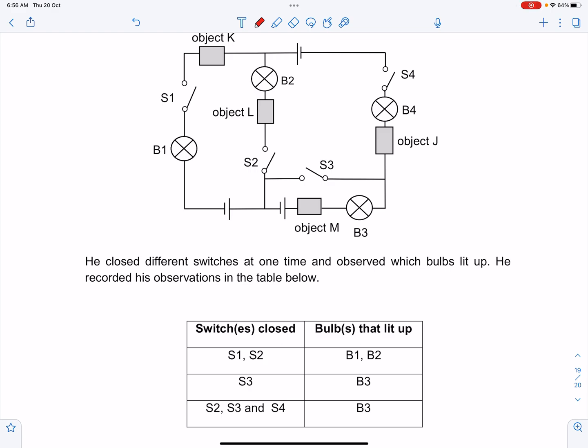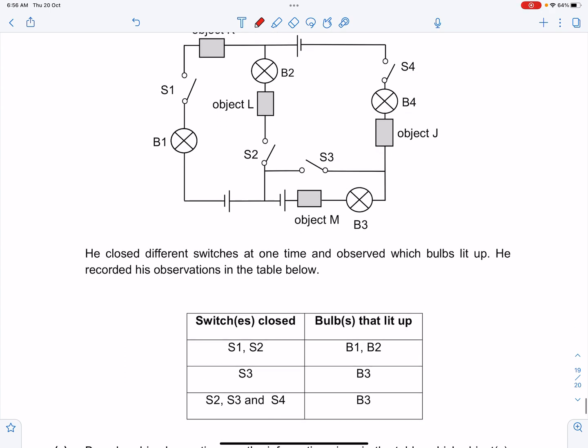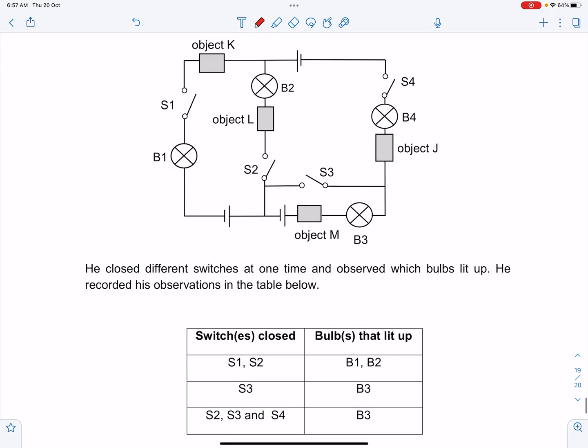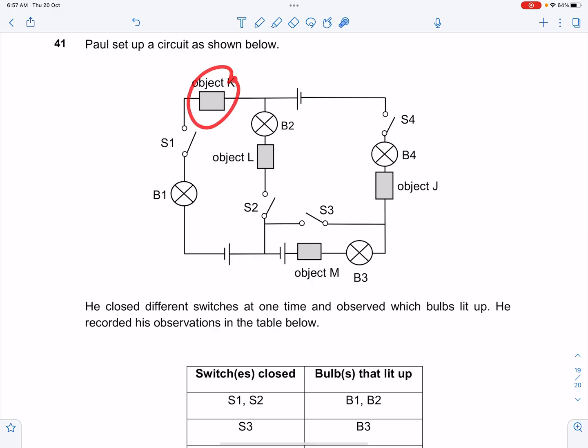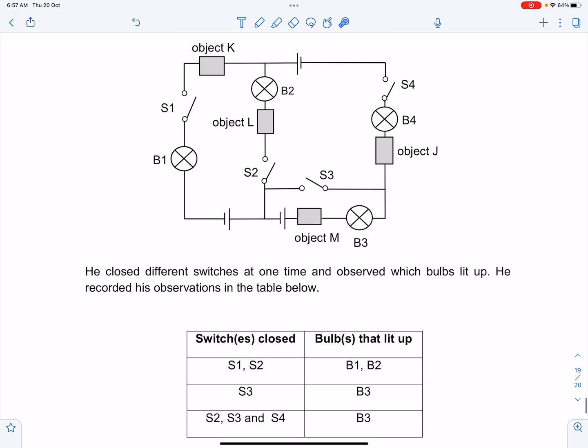So now, looking at this question, okay, think about it. If object K is an insulator, alright, so switch 1 is closed, okay, and switch 2 is closed.